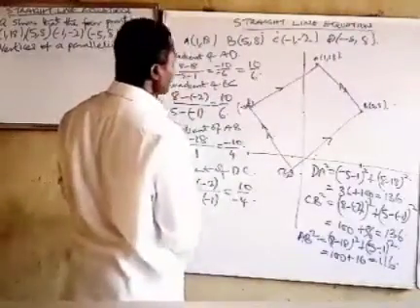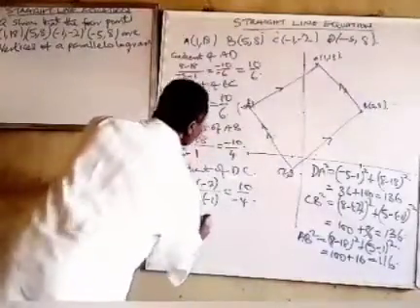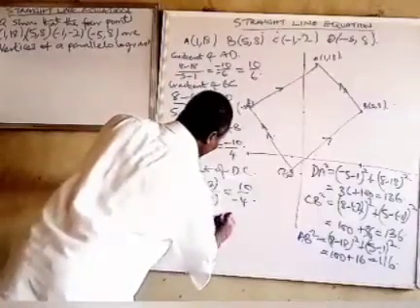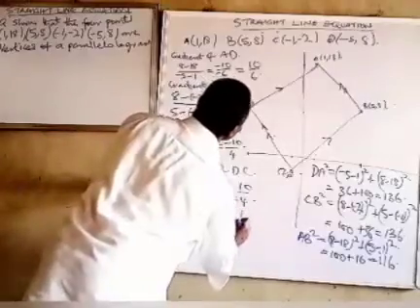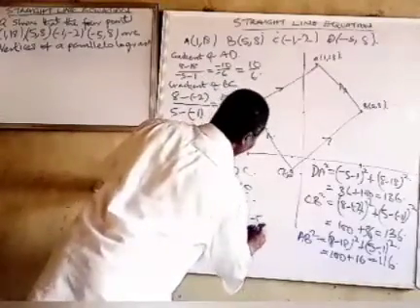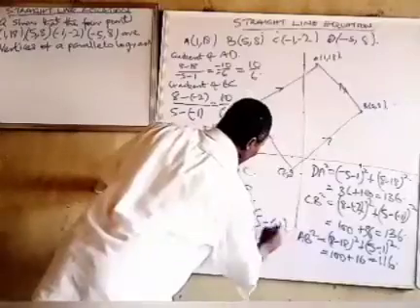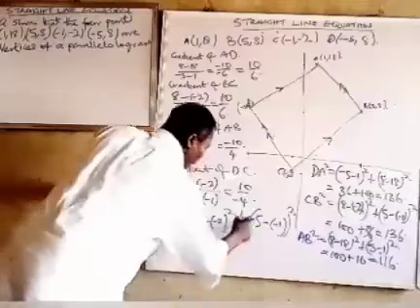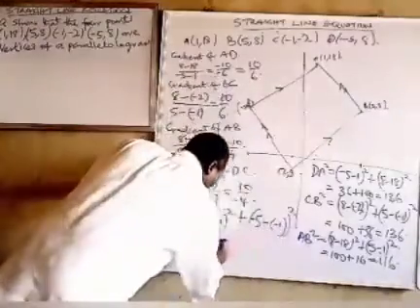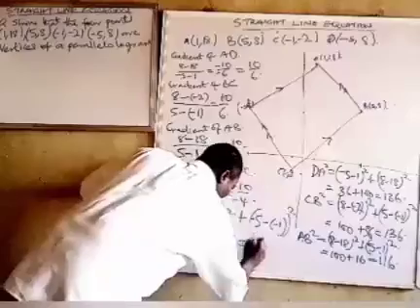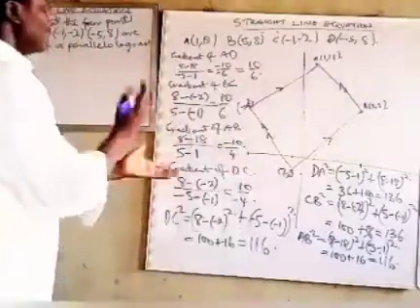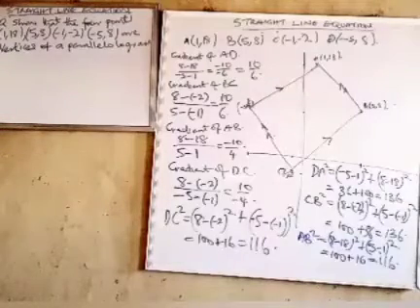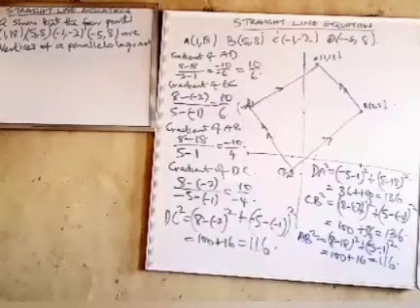We have DC squared, that's 8 minus 2 all squared plus minus 5 minus 1 all squared. 8 minus 2 is 10, so this one is 100. Minus 5 minus 1, that is minus 4. Minus 4 squared is 16. So we can see the opposite sides are parallel and are equal. So that shows that these are vertices of a parallelogram.